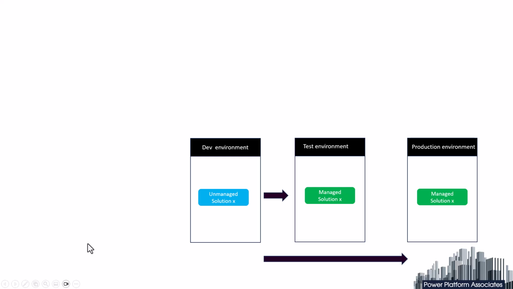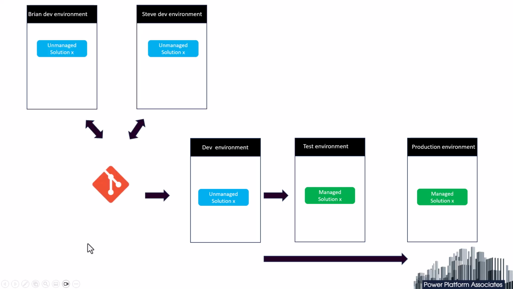Indeed, Brian and Steve can work independently on their copies of the same solution in their own developer environment, and any change in this solution will be synchronized with the Git repository.